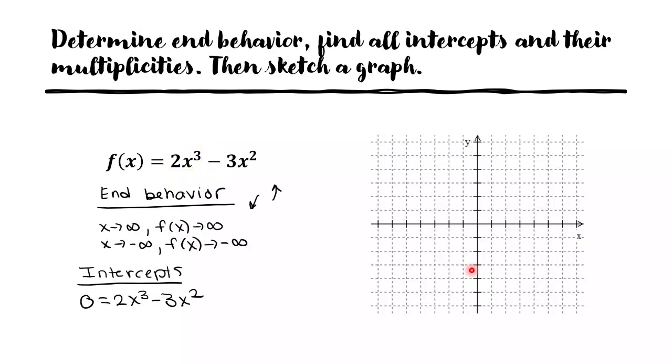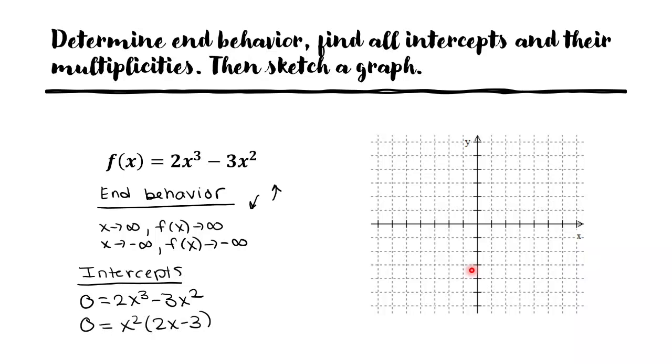Now to find my intercepts, or my zeros, I'm going to plug in 0 for y. So 0 equals 2x to the third minus 3x squared. And the very first thing I'm going to try is factoring. This problem has a greatest common factor. There's something that I can take out of both of the terms, and that is x squared.